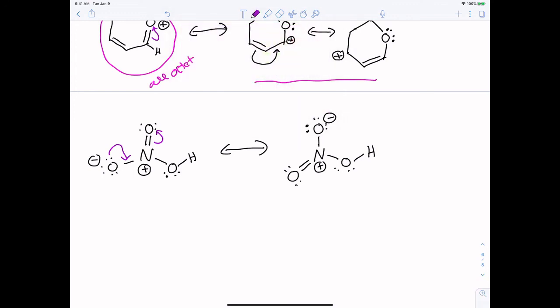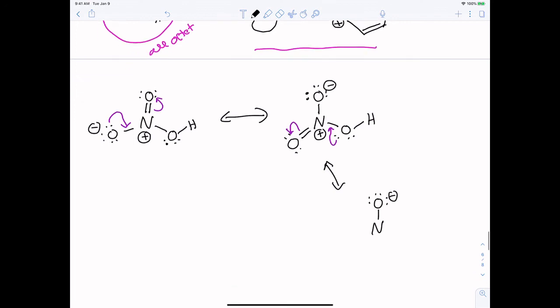I do have another option. I can move one of the lone pairs on the oxygen on the right in to make a pi bond. That would give nitrogen too many electrons again, so I'm going to move these out onto oxygen. So negative charge there.